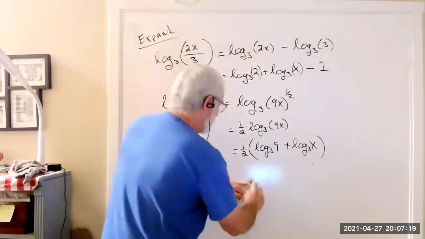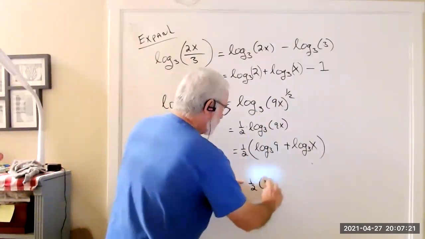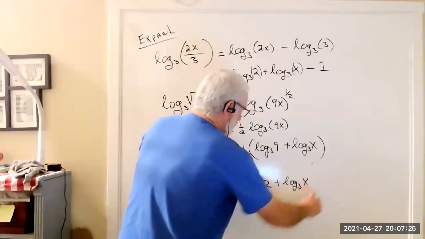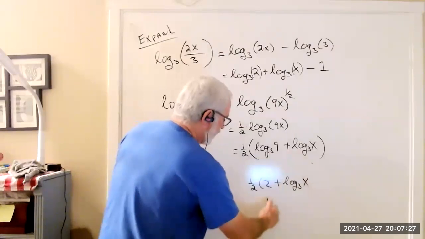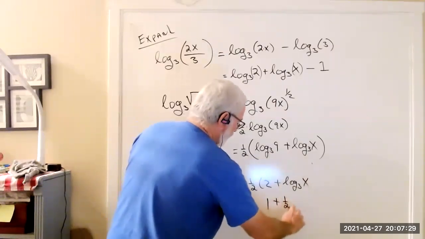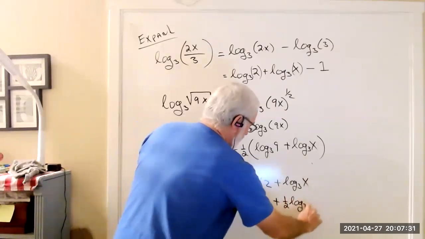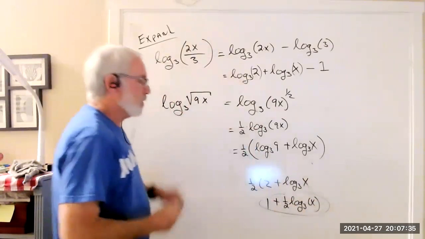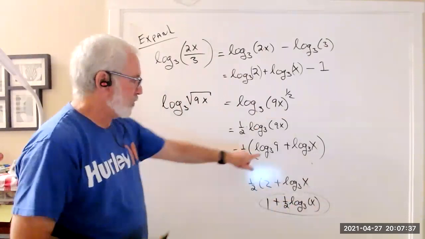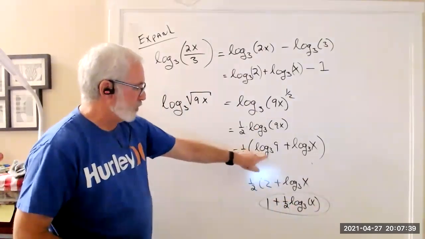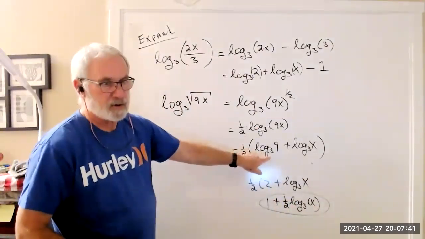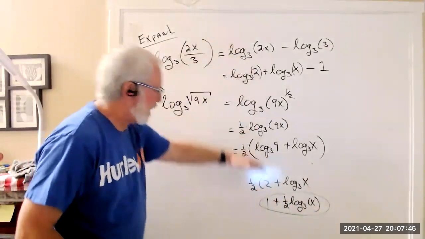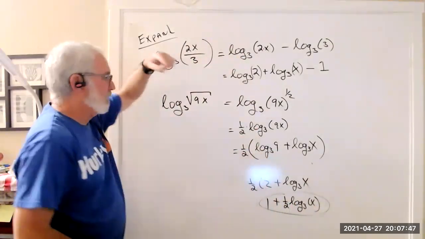If you distribute it in, you get 1 plus 1/2 log base 3 of x as the final answer. So I'll show you in a minute. I'll go off of my scratch paper and show you how I work that one out to become a 2. But that's your steps for this particular problem.